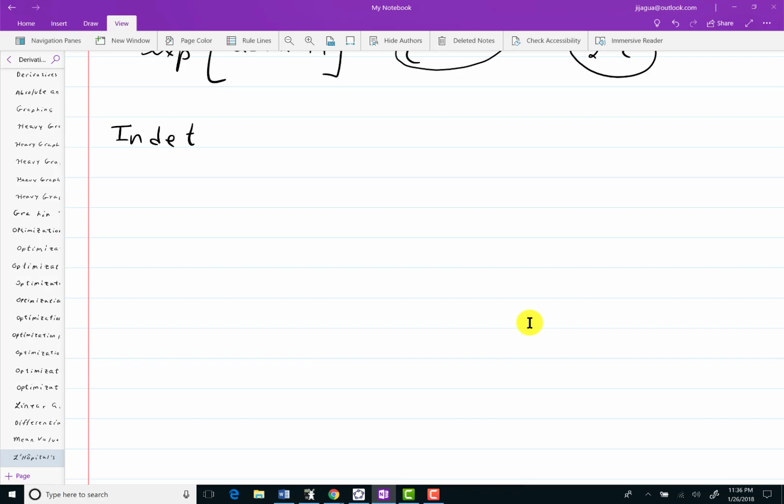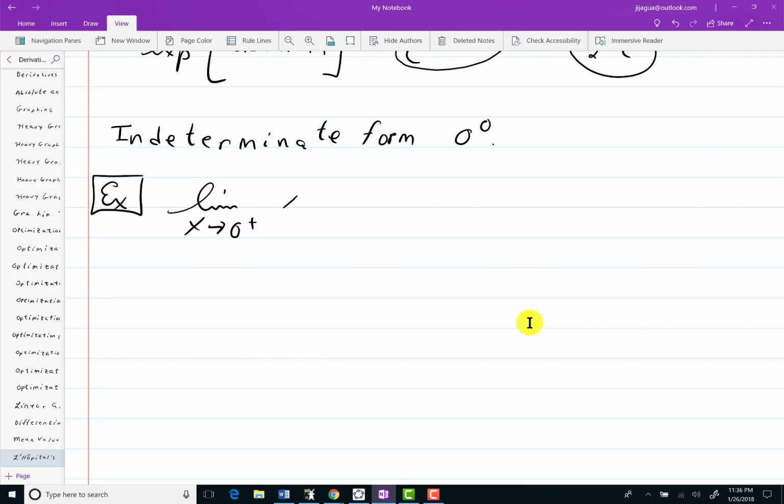Indeterminate form: zero to the 0. Here we have limit x goes to 0 from the positive side, x to the 4 over x.